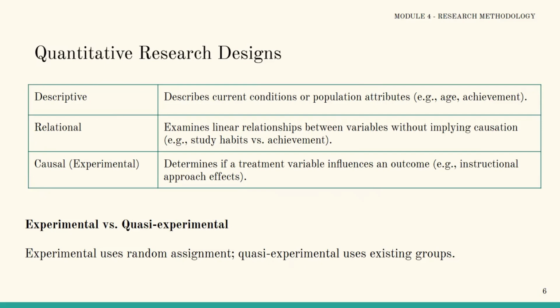So experimental designs are usually done in a lab environment, a controlled environment, and we can use random variables, and the results we find in the experiment done in the lab can be universal. It's true for all the structures, everything. Whereas quasi-experimental looks like the experimental method, but here the existing groups are defined.